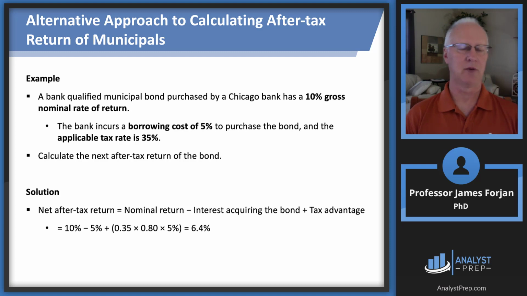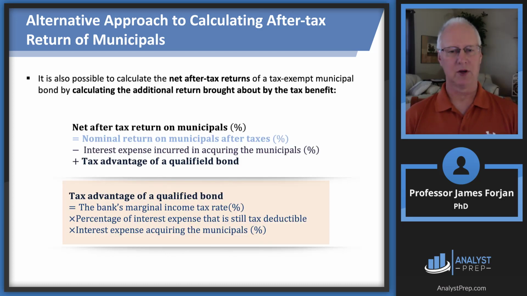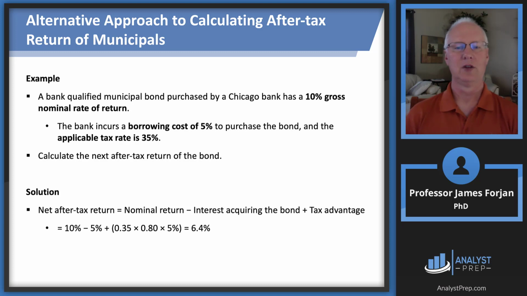There's the 10% minus the 5%, but then we need to add in this tax advantage. So we're going to take 35%, which is the tax rate, times the 80%. And let me just go back here and show you this again. This is 80% of the interest incurred is tax deductible. So we get that 80%, and there's the borrowing cost. So their net after-tax return, the net after-tax return, 6.4%.